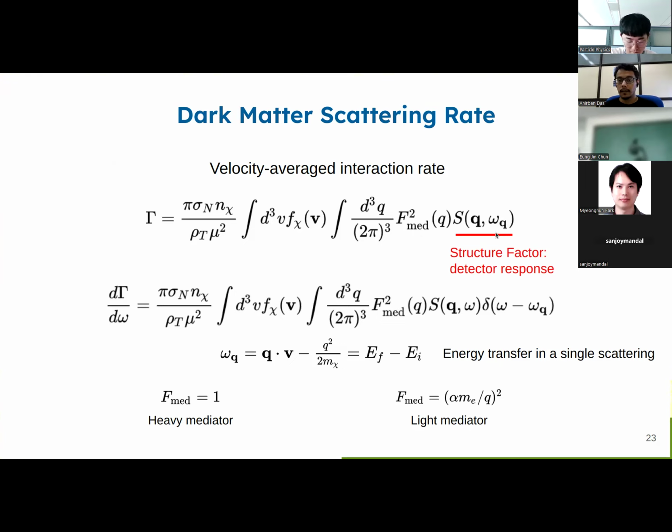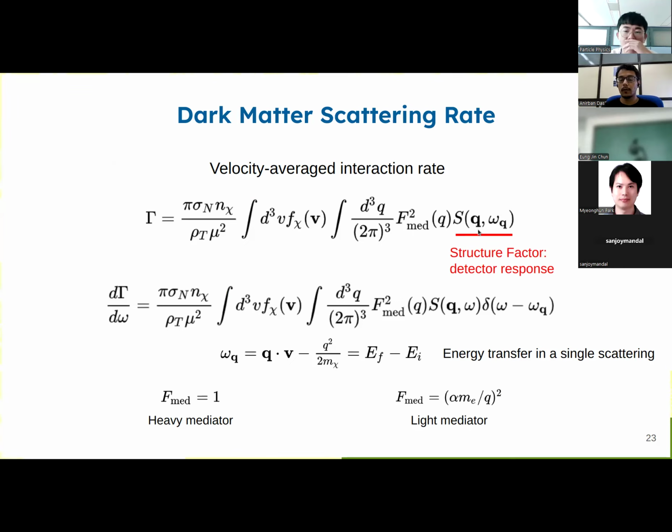And the structure factor here, this S, contains all the information about the system in your experiment, whether it's aluminum or silicon. Everything is contained within this. It basically means the response of the system when you deposit an energy of omega q and a momentum transfer of q.